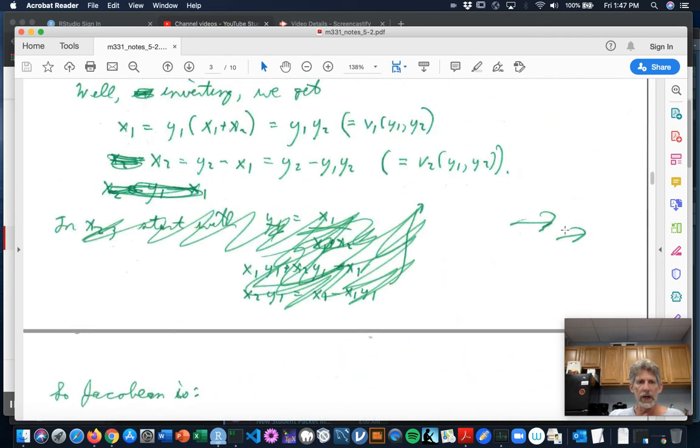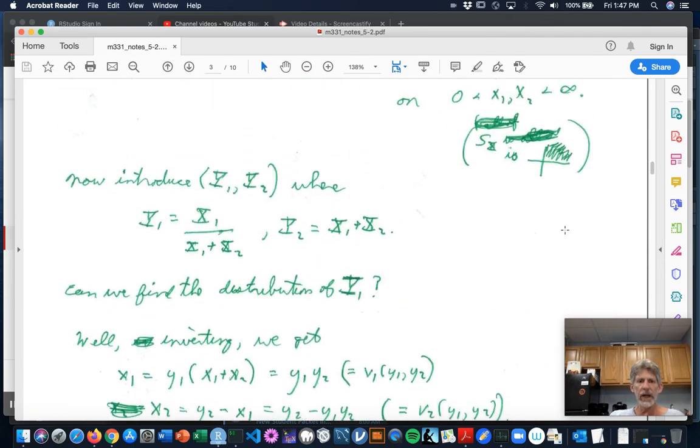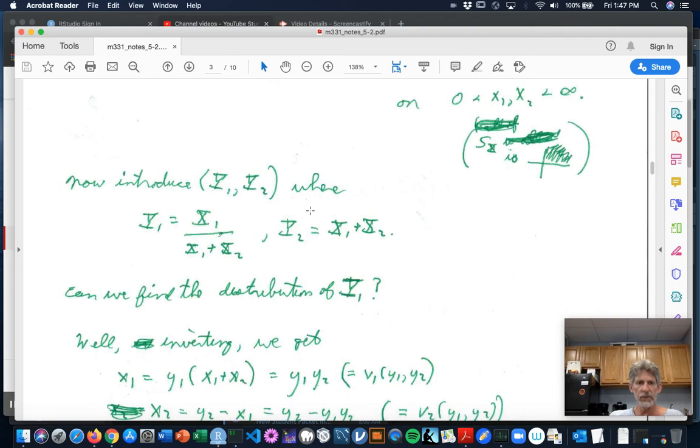Remember that x1 and x2 are both positive. So that means that y1 and y2 have got to be both positive. But there's something about y1, it's a little restricted. It's a positive over a positive plus another positive. So that ratio there can never be bigger than 1.